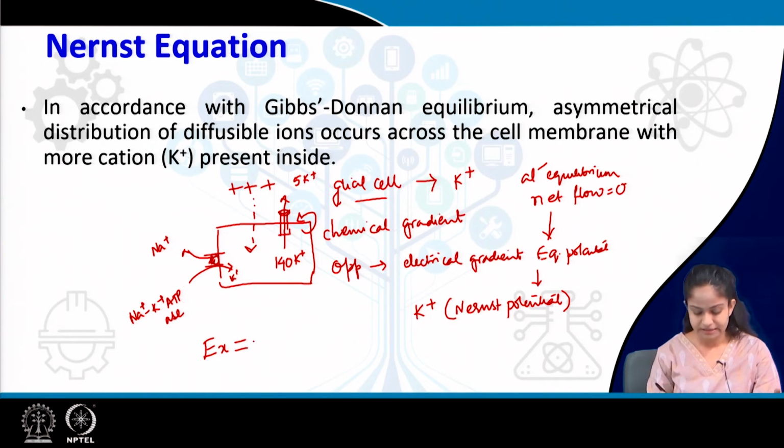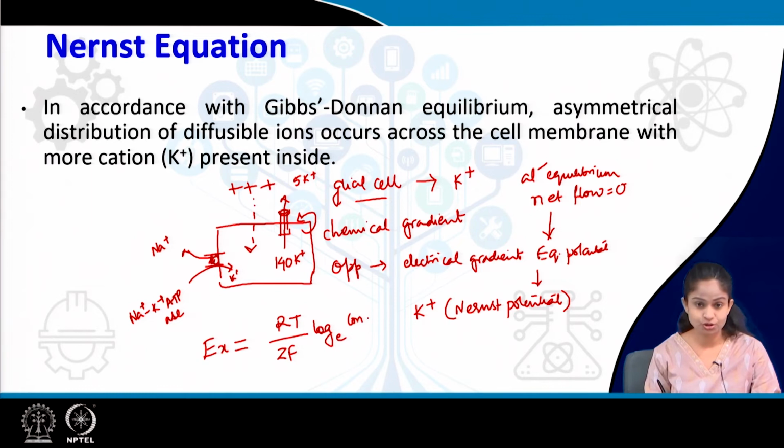It states E, that is the potential difference, is equal to RT by ZF log e of the concentration of the ion outside by the concentration of the ion inside.